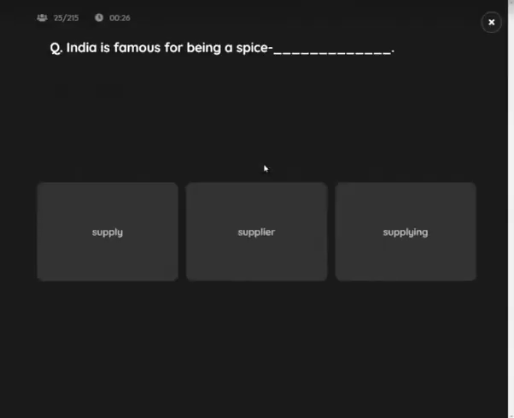India is famous for being a spice supply, supplier, supplying. Based on the context. 3, 2, 1, and 0.